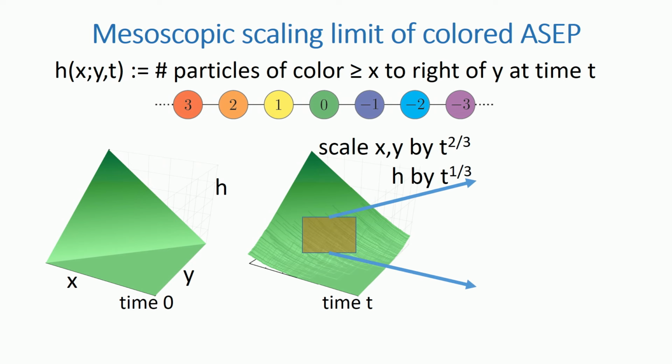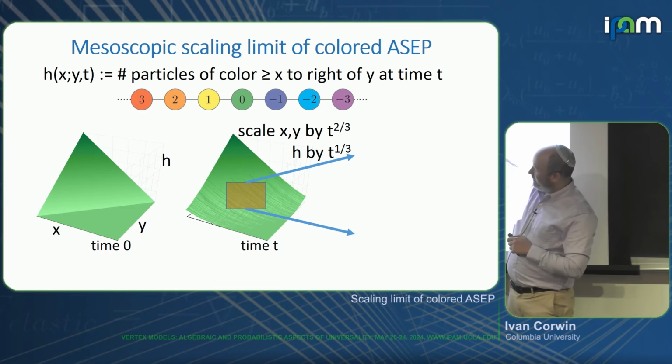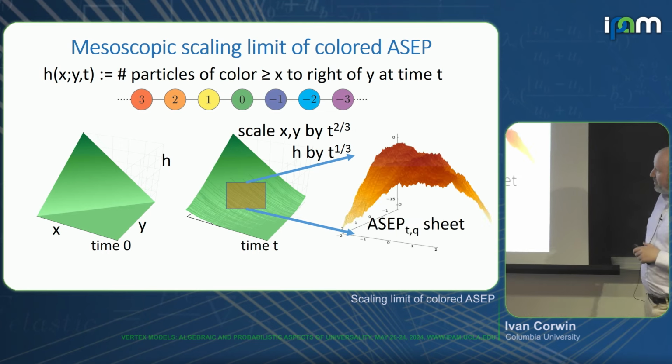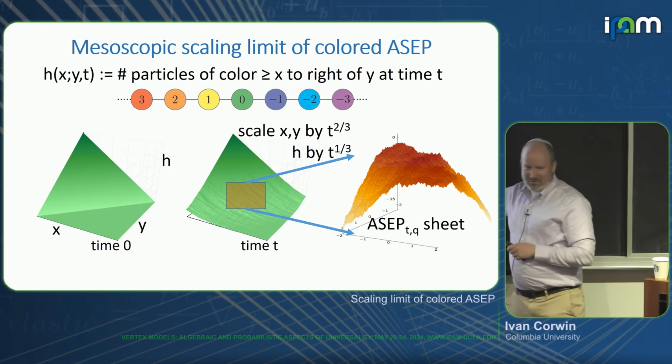Okay, so what we're going to do is scale the region that we're looking in terms of the color space, and scale the region that we're looking in terms of the location, both by t to the 2/3. And then we're going to look at the height function scaled down by t to the 1/3, and we're going to take t to be really large. And we're going to see the following picture. Actually, there's a minus sign to see this picture.